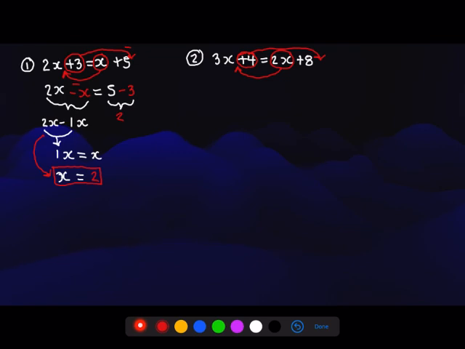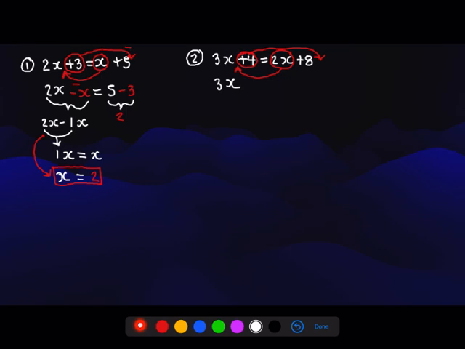We have to move plus 4 to positive 8. We have to do this because we have to move plus 4 and the variable x to each side, because you need to separate the variables and the number.